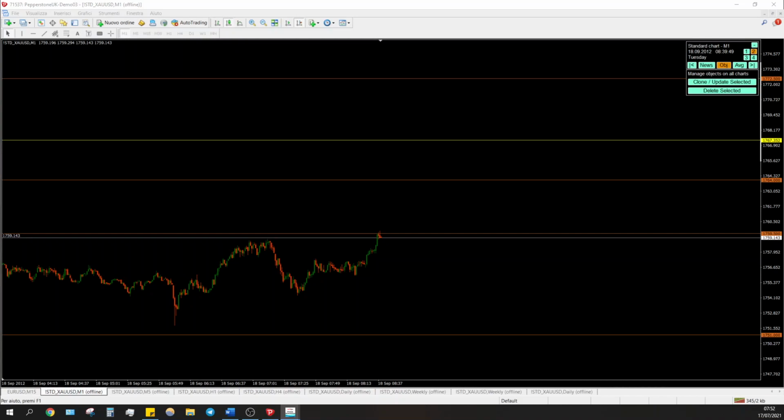Now price is reacting at the key level, but is retesting also the previous lows. It's not going below the previous high, sorry, on the left. Okay, failure to close below.